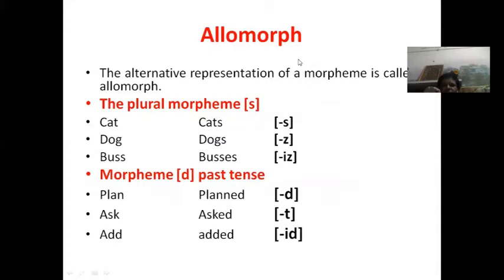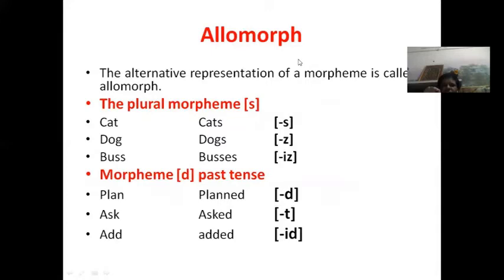It is just a single morpheme, but that single morpheme has different sounds produced differently in different environments.